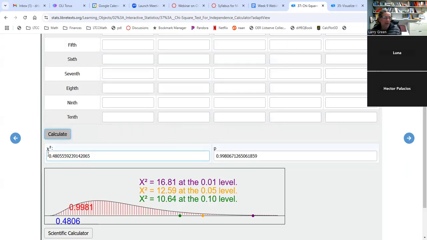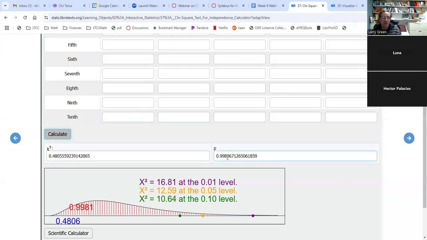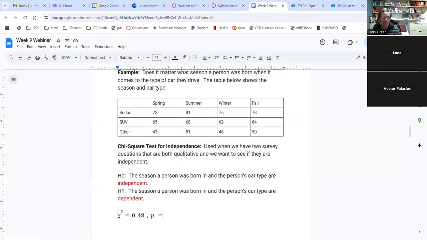All right, our chi-squared is 0.48. And the p-value was 0.998. All right, what does that tell you?